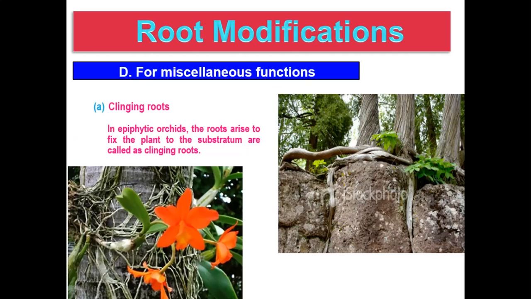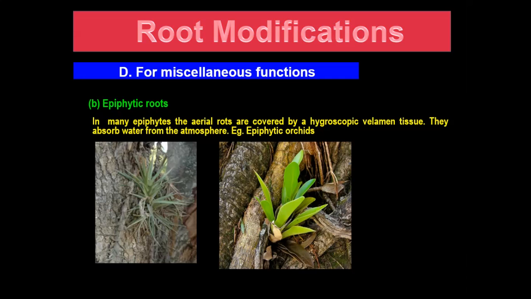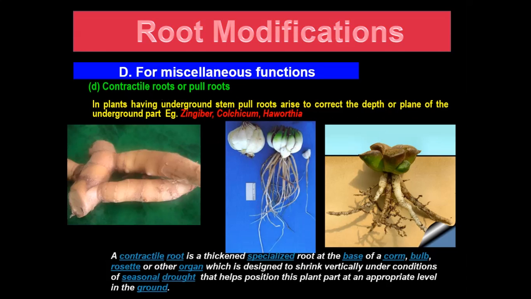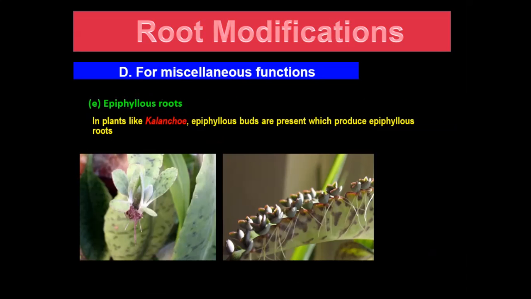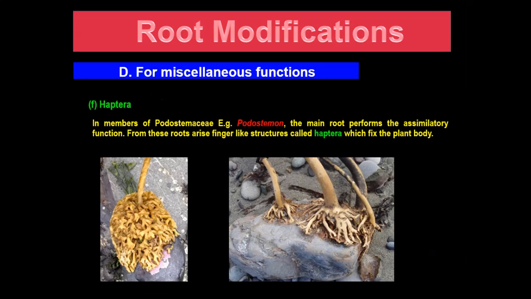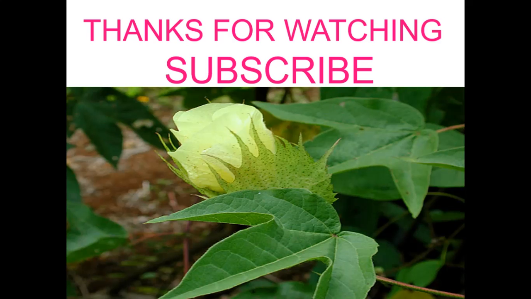The clinging roots: in epiphytic orchids, the roots that fix the plant to the substratum are called clinging roots. Epiphytic roots, parasitic or haustorial or sucking roots, contractile roots or pull roots, epiphyllous roots, and haptera.